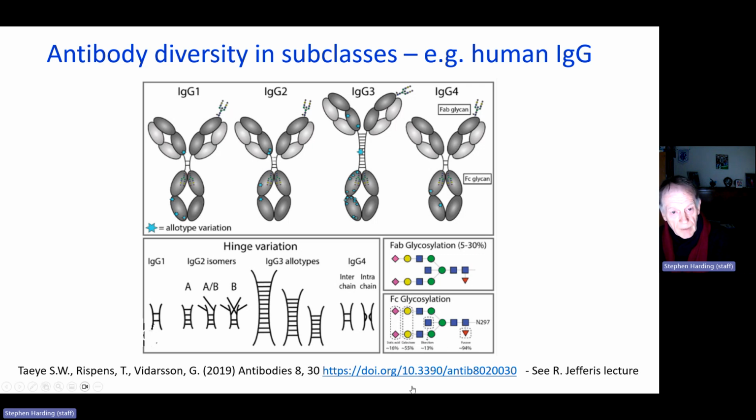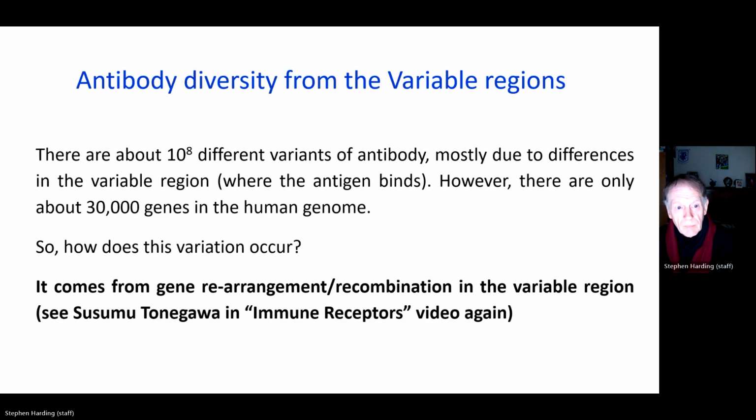You can also get variations in amino acids, and also in the hinge region, which for IgG we call allotype variation. Now, there are about 10 to the power 8 different variants of antibody, mostly due to differences in the variable region where the antigen binds.